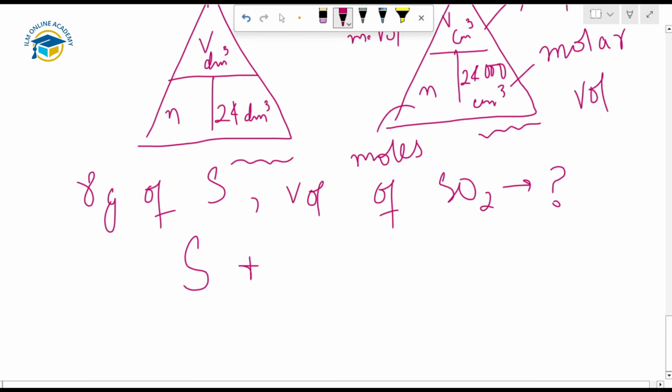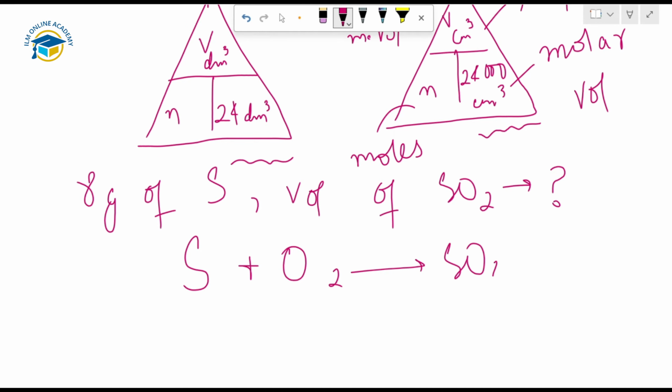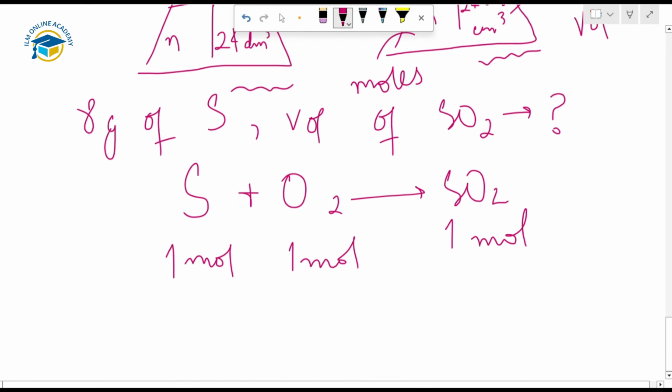Sulfur reacts with the oxygen in the air to produce sulfur dioxide gas, SO2. From this equation, 1 mole of sulfur reacts with 1 mole of oxygen to produce 1 mole of sulfur dioxide gas.